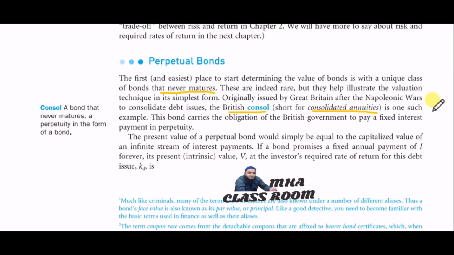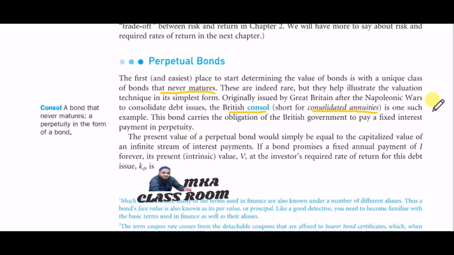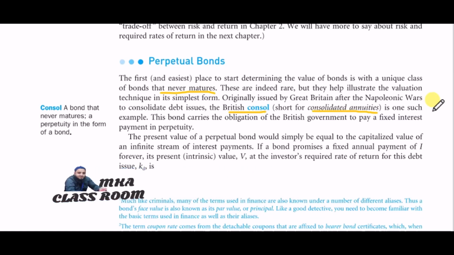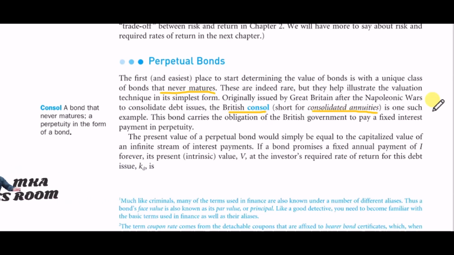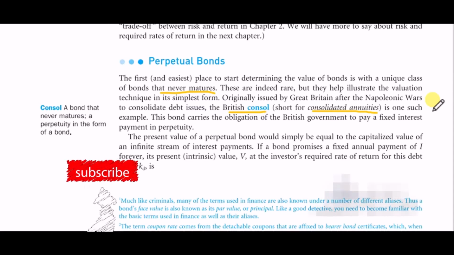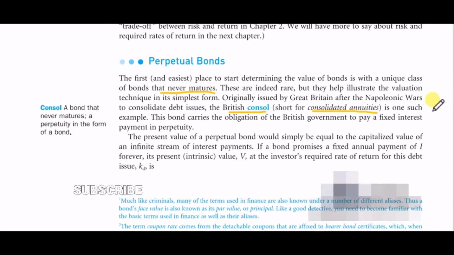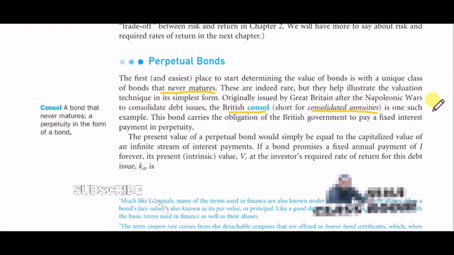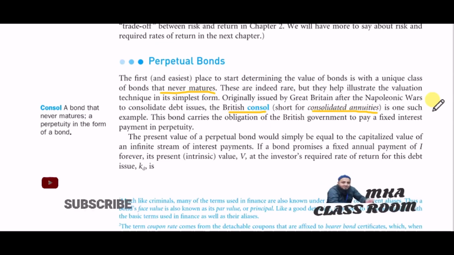A bond that never matures, a perpetuity in the form of a bond. The present value of a perpetual bond would simply be equal to the capitalized value of an infinite stream of interest payments.